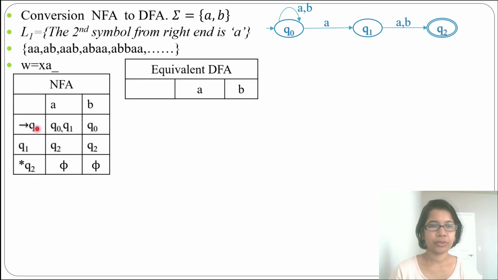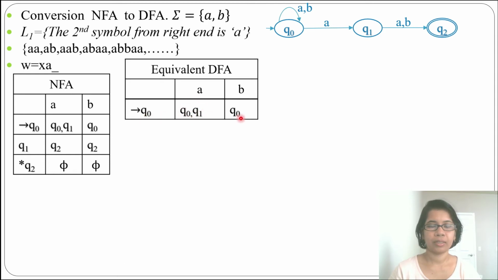From Q0 by a, it will go to Q0 Q1, and by b, it will go to Q0. Then for whatever new state is created, we find the transitions. The new state created is Q0 Q1. Don't do it for all the states present in the NFA. Start from the initial state, then for whatever new state is created, do the transitions.